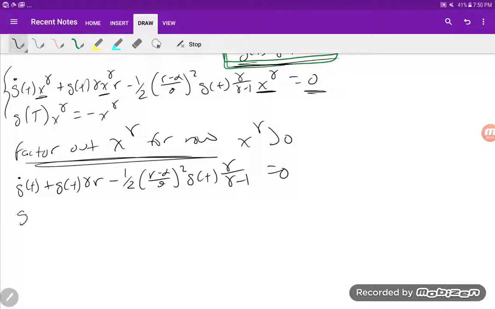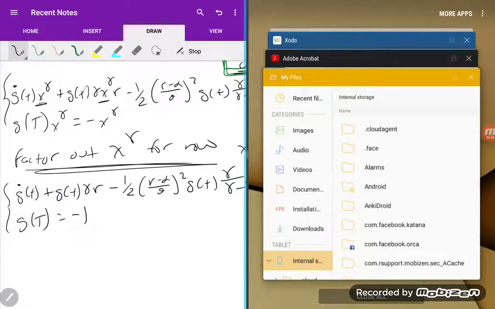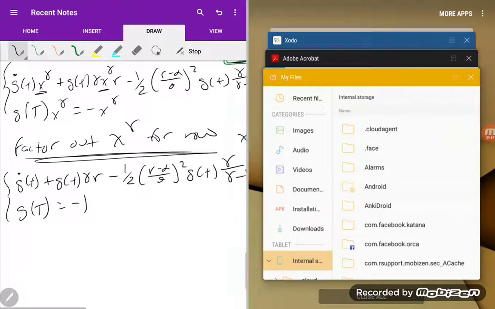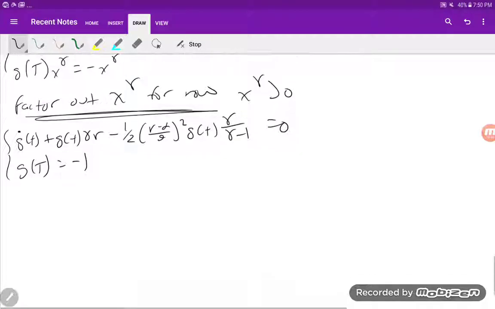And then g, we also factor out the x^gamma here too. That equals negative 1. Okay. So that makes this even simpler now.